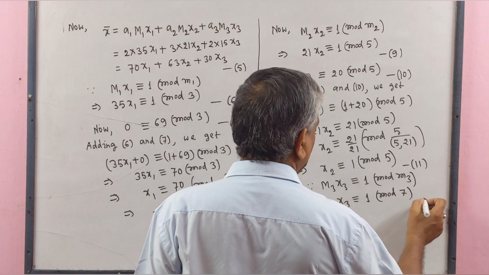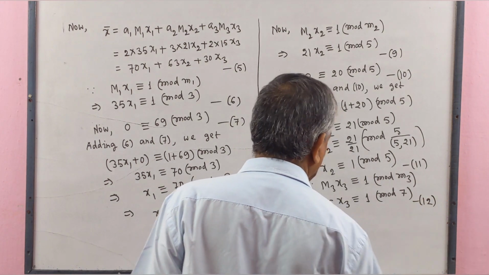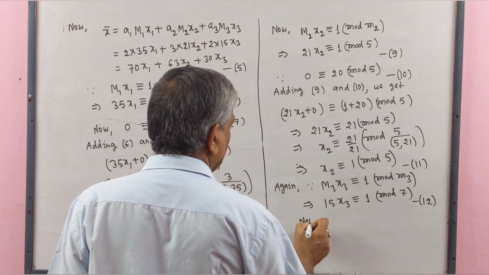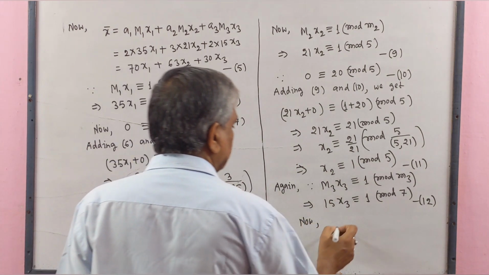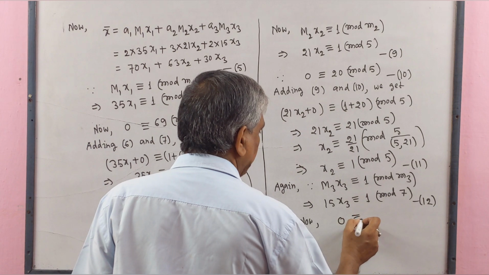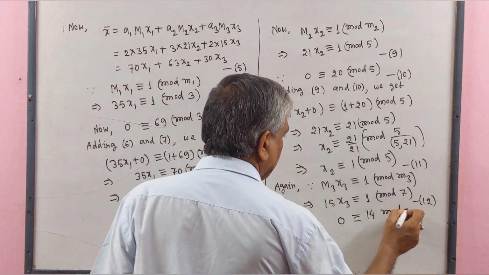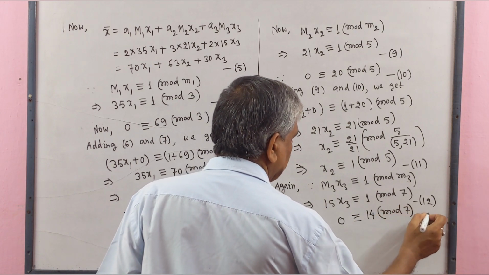Let this be number 12. Now 0 is congruent to 14 modulo 7. This is 13.